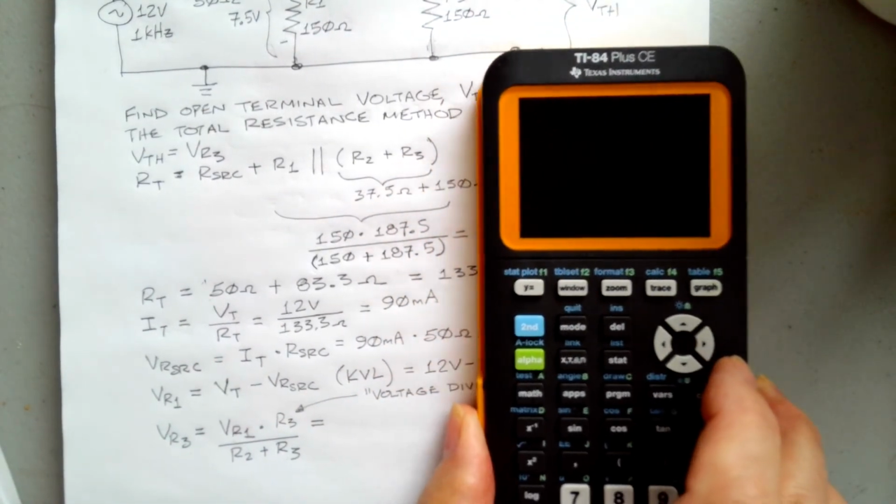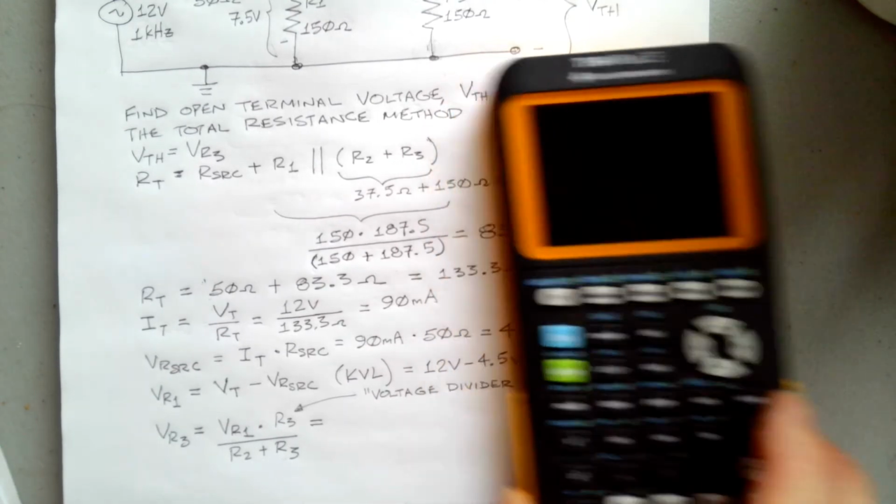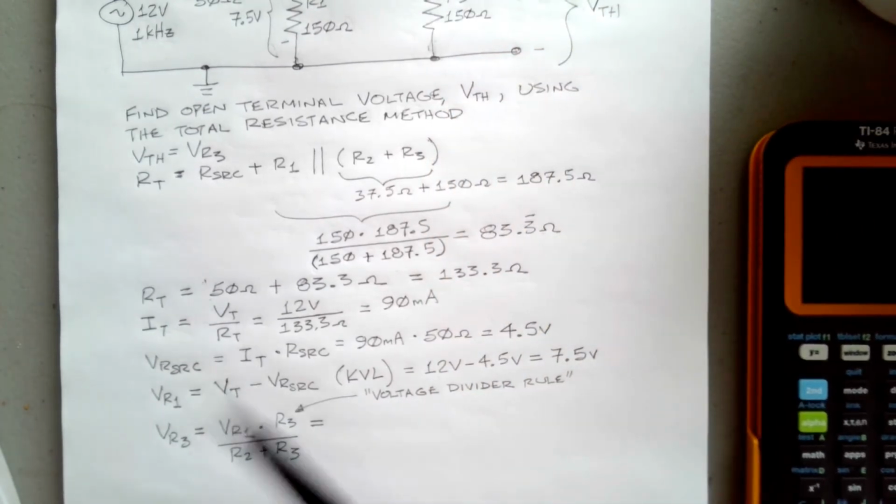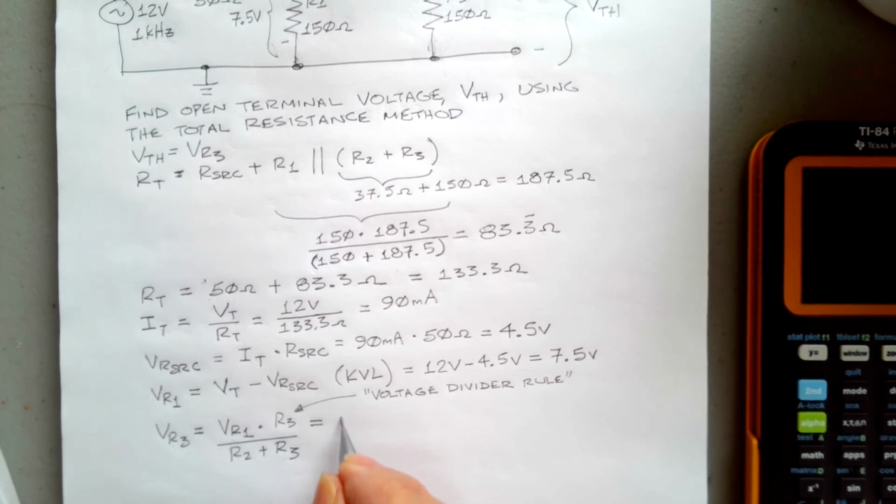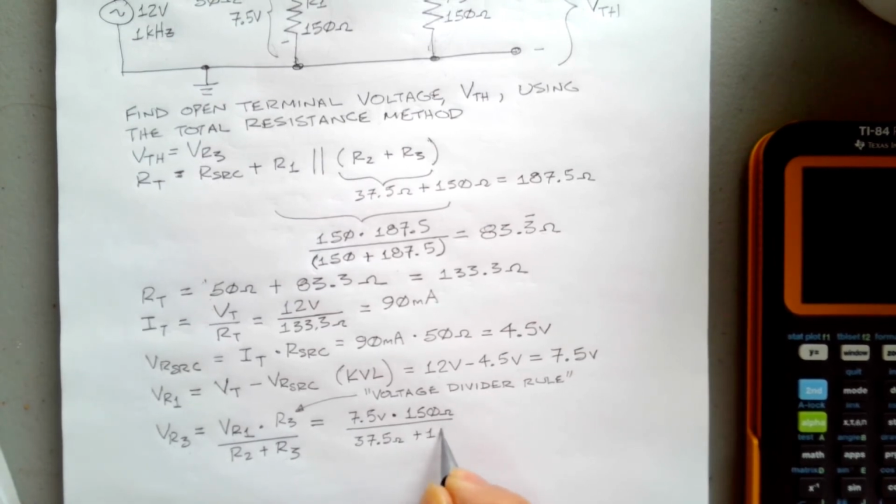And so let's do some calculating here and see what we get. Before I bring that in, let's put our real numbers in here. VR3 is going to be equal to, we got VR1 is 7.5 volts times 150 ohms divided by 37.5 ohms plus 150 ohms.